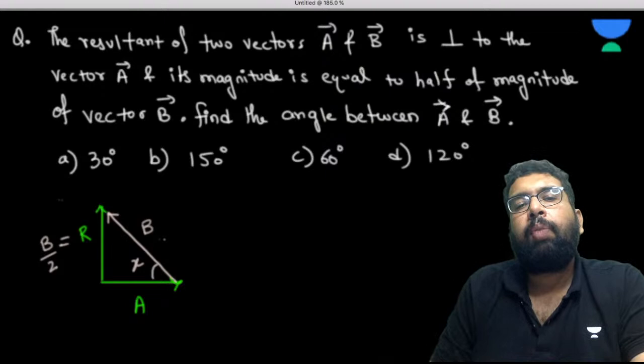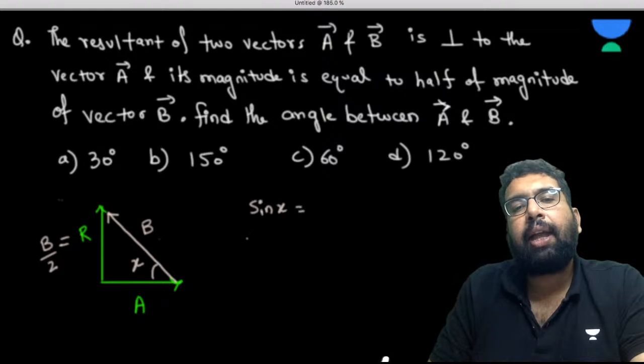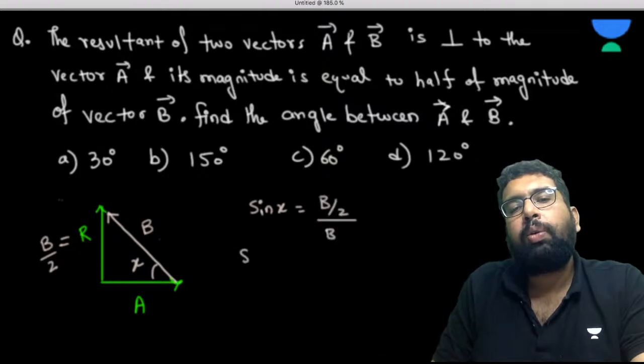Now from here can I get this X? So this is sine X. Sine X is perpendicular upon hypotenuse, so it is B by 2 upon B. So sine X is equal to 1 by 2. So X is going to be 30.